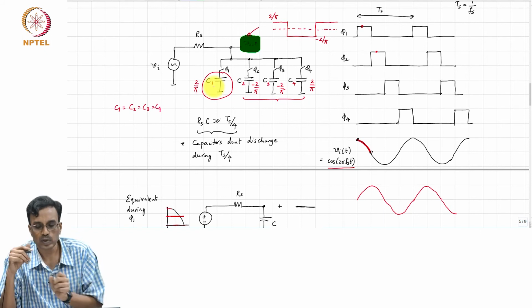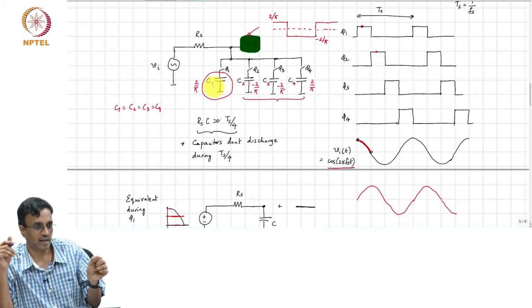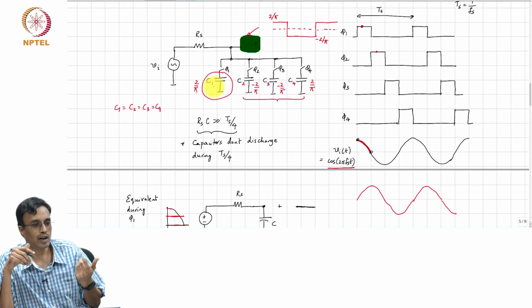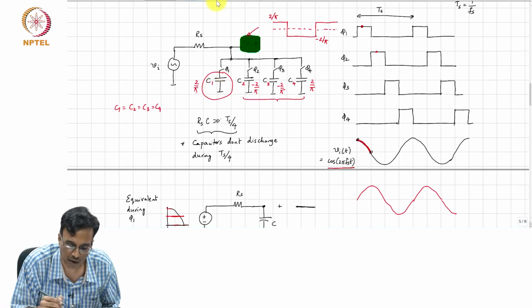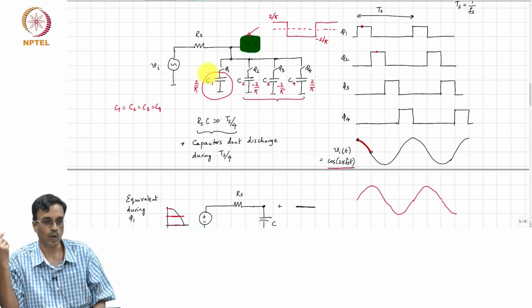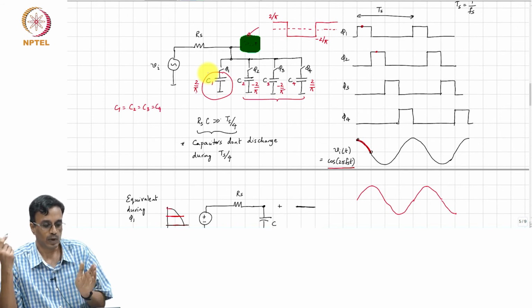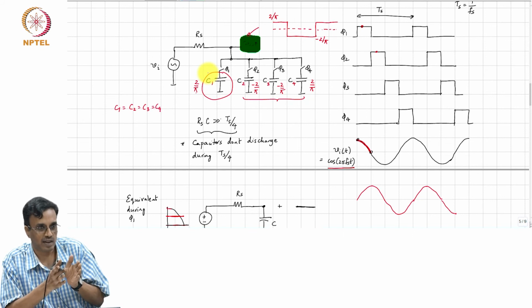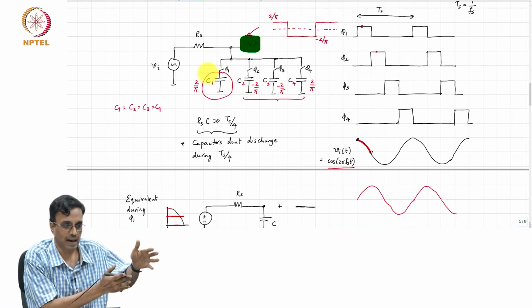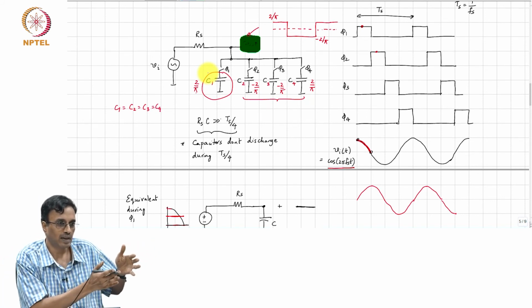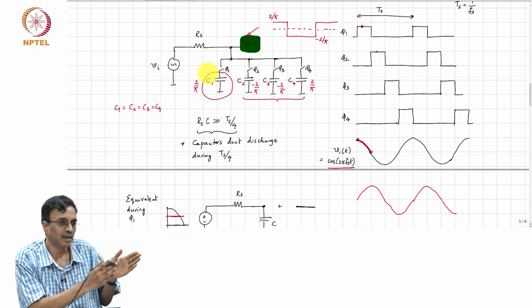Now, if the input frequency deviates from Fs by some amount, what comment can you make about the voltage you see across C1? So, in other words, the input frequency is not Fs, but say Fs minus some delta f. Then what happens?